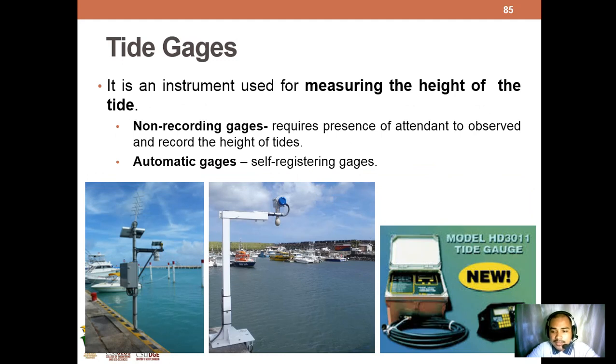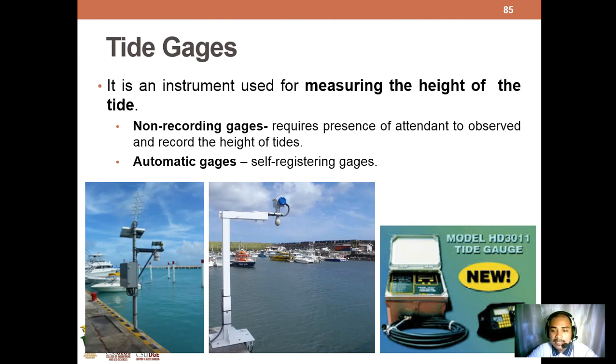So let's go to the tidal gauges discussion, no? A tide gauge is an instrument used in measuring the height of the tide. So we have two types of tide gauges, namely non-recording gauges and automatic gauges. When we say non-recording, it requires the presence of an attendant to observe and record the height of the tides.